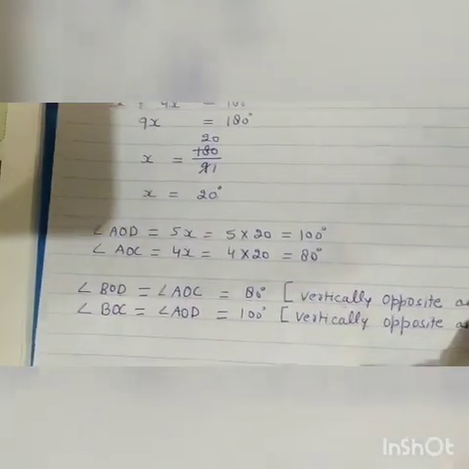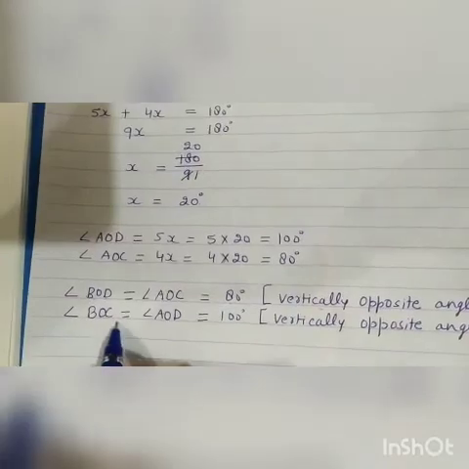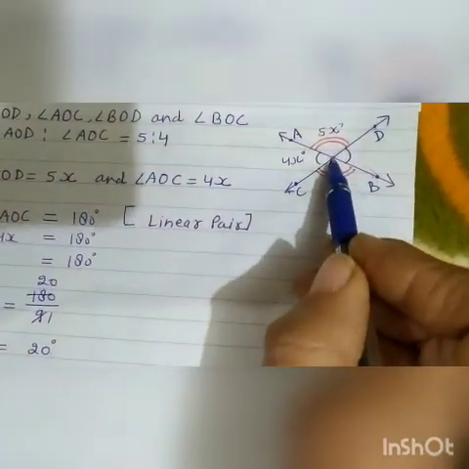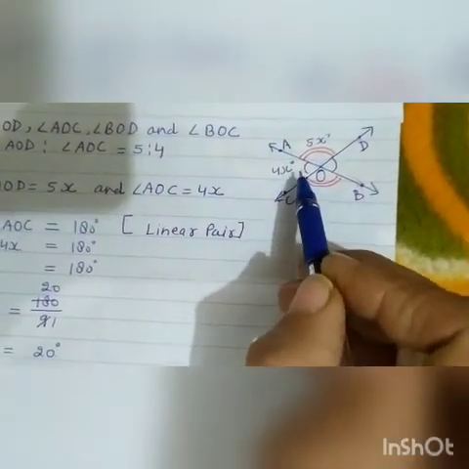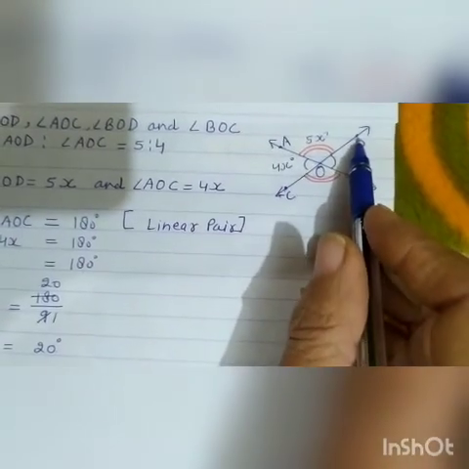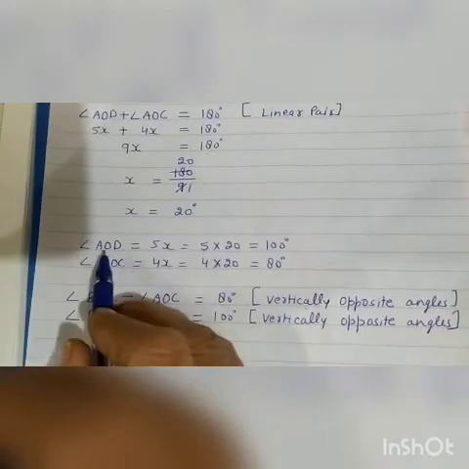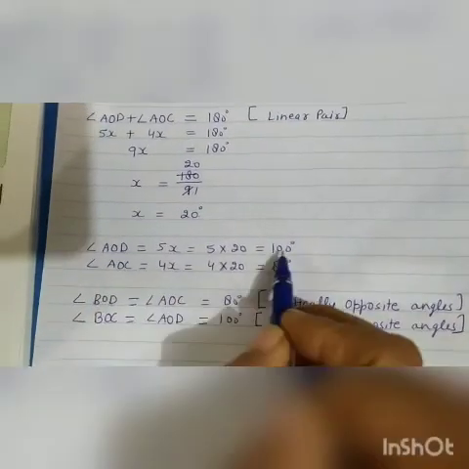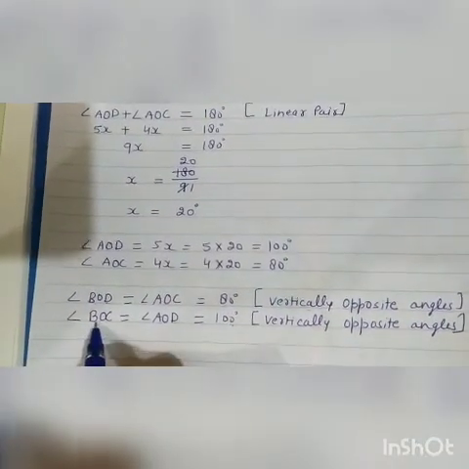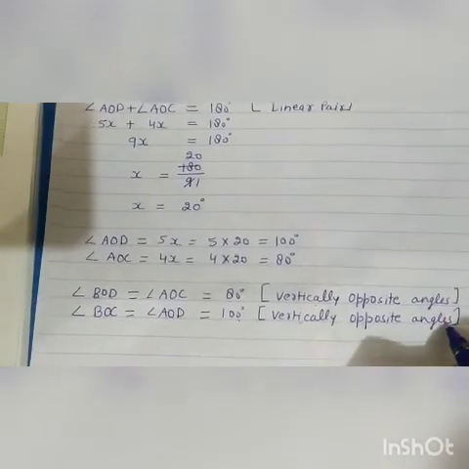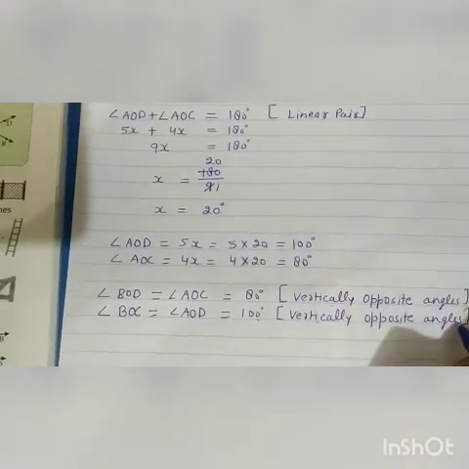Vertically opposite angles. Angle BOC, which angle is opposite to it? AOD. So BOC is equal to angle AOD, which is 100 degrees. Vertically opposite angles. Clear?